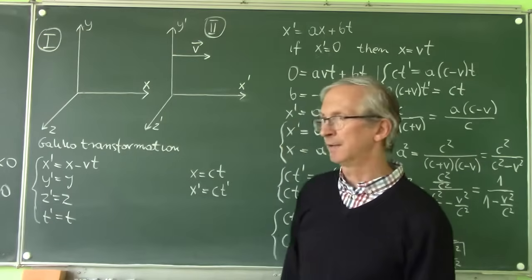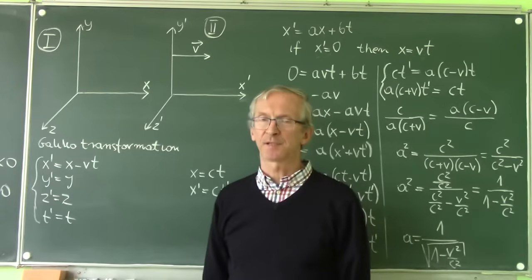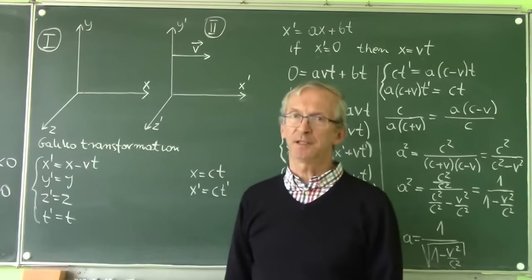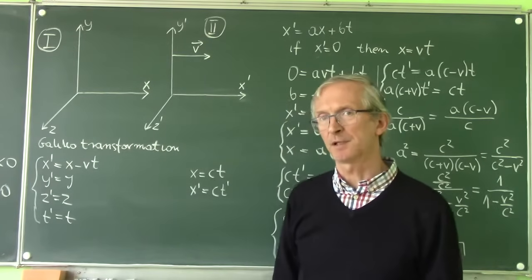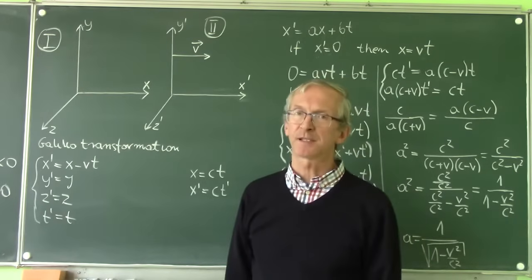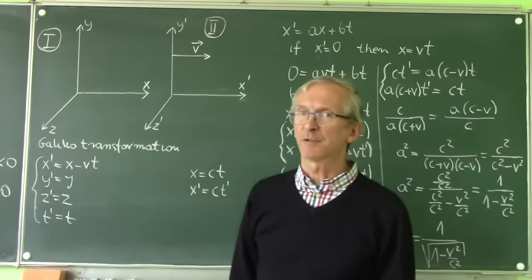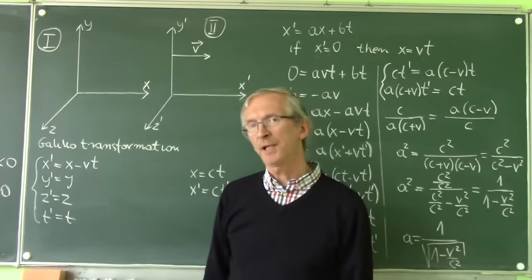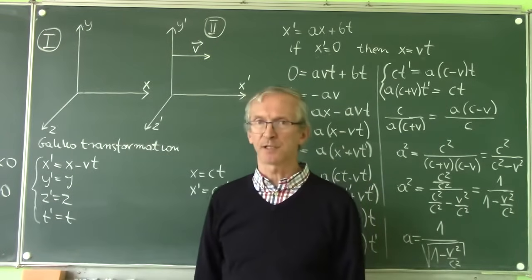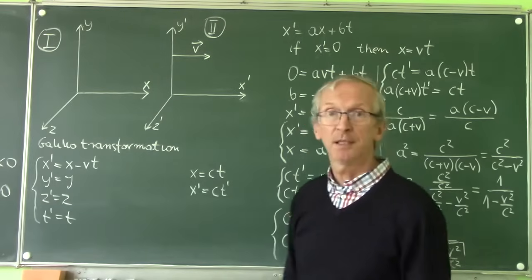I mean that the speed of light is the same in all inertial frames of reference, and that nothing can move faster than light. Lorentz transformation complies with these main postulates of special theory of relativity. So let's do it.